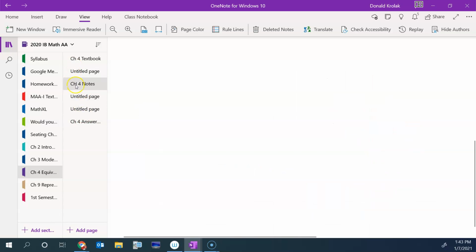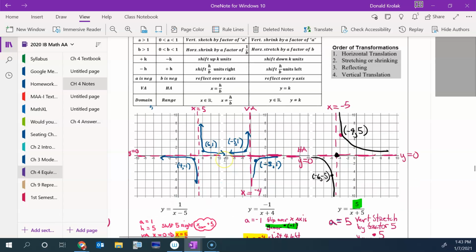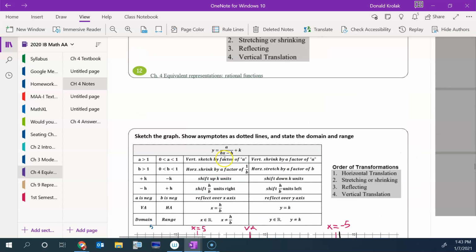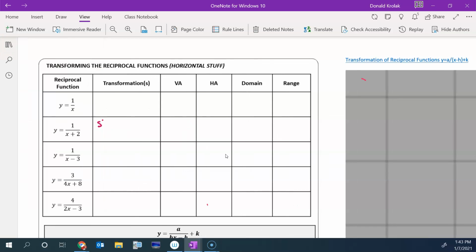All right, so go back to this. Okay, so this is going to be a shift 2 to the right, or I'm sorry, 2 to the left. So remember, the h value in this is actually, hold on.